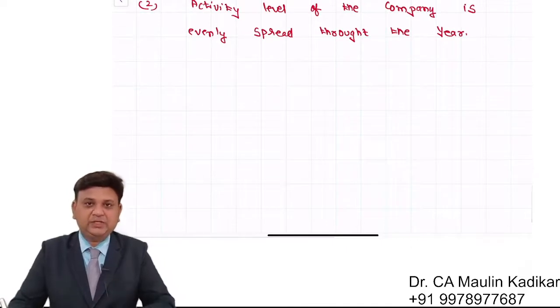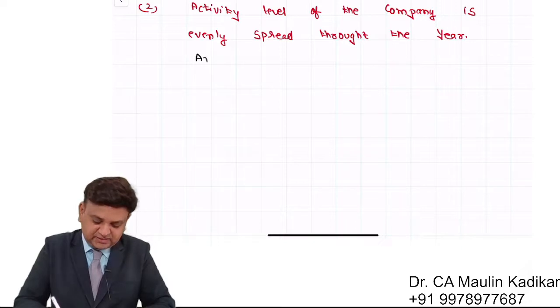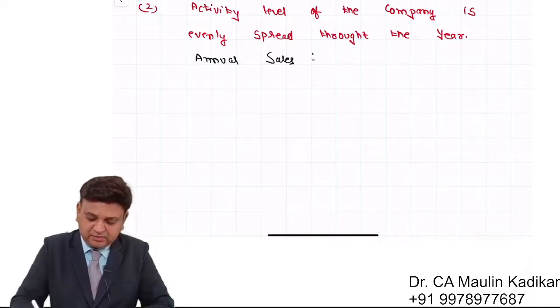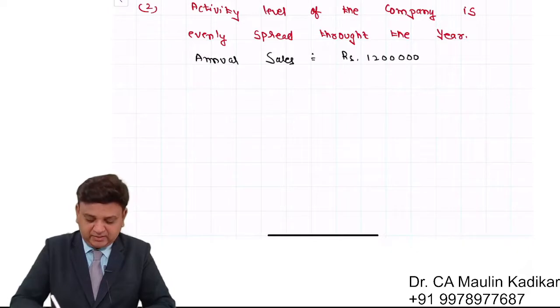I will give you an explanation by taking a small example. Suppose a company has annual sales of rupees 12 lakhs. So the assumption is made that monthly sales will be rupees 1 lakh.